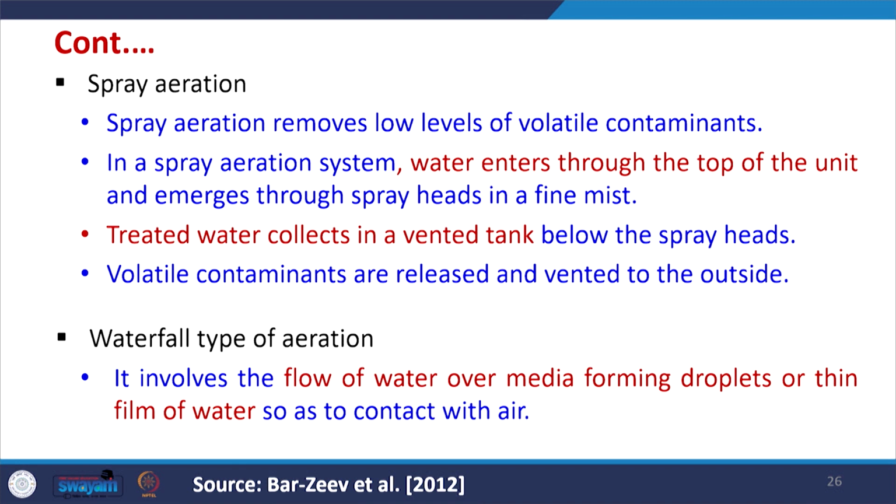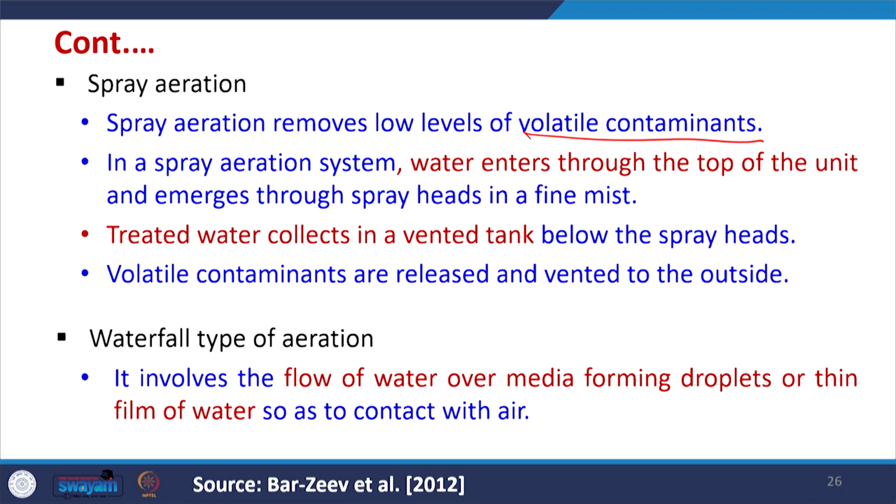Then we have spray aeration also. Spray aeration removes low levels of volatile contaminants. We can see spray aeration units commonly used for removing low levels of volatile contaminants or other types of organic contaminants if present in the water, and in the spray aeration unit water enters the top of the unit and emerges through spray heads as a fine mist.